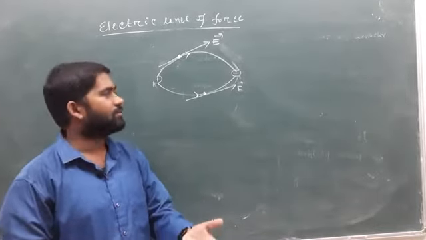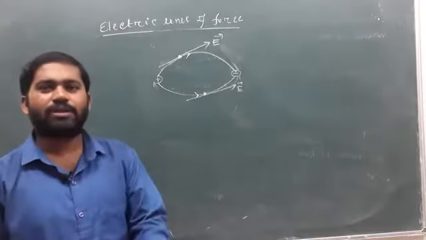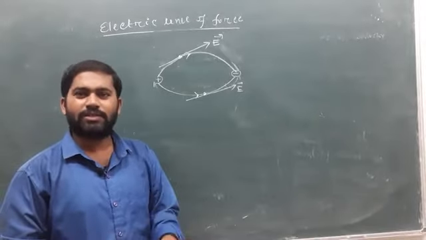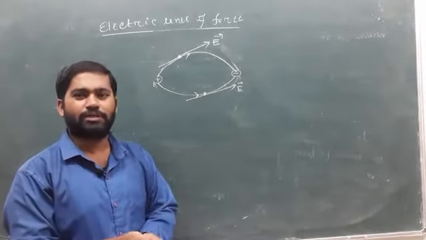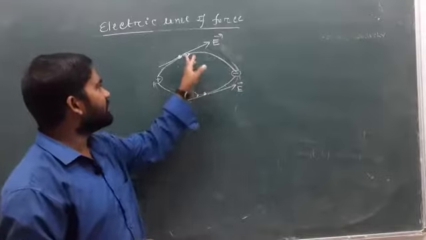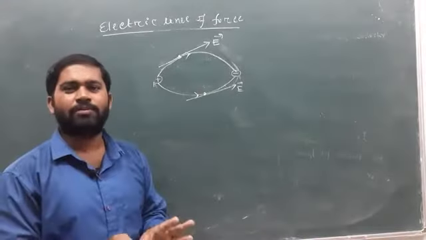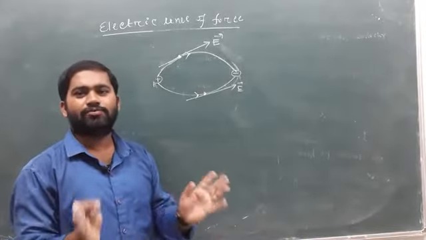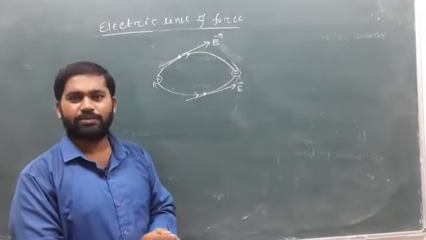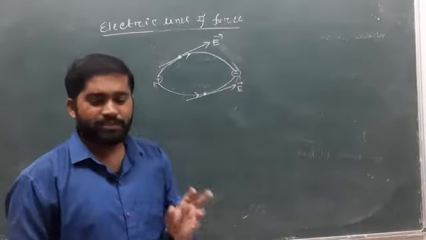That's why we write the definition: the electric lines of force are the imaginary curves so drawn in an electric field such that the tangent at any point on that curve gives the direction of electric field intensity at that point.